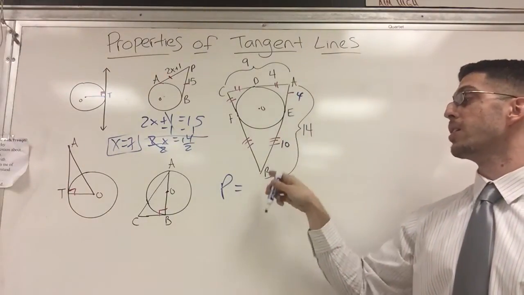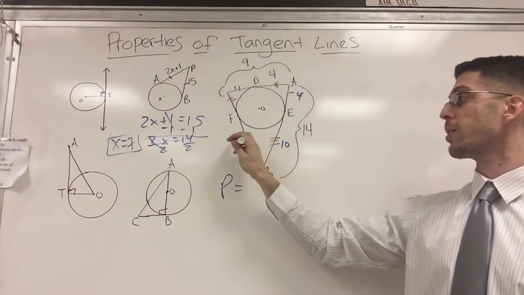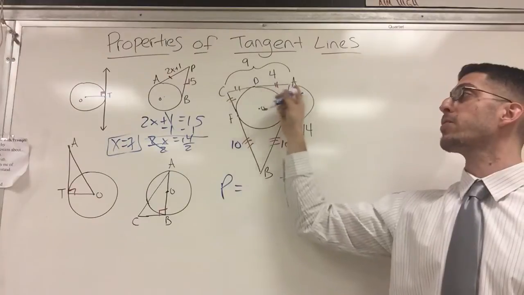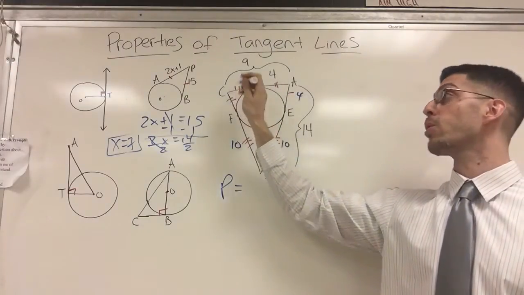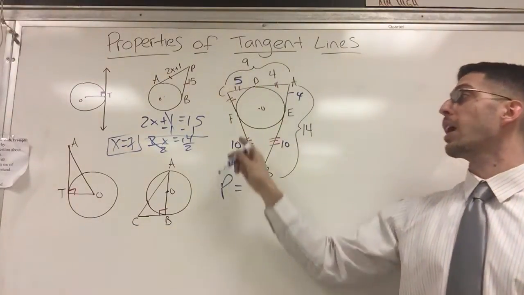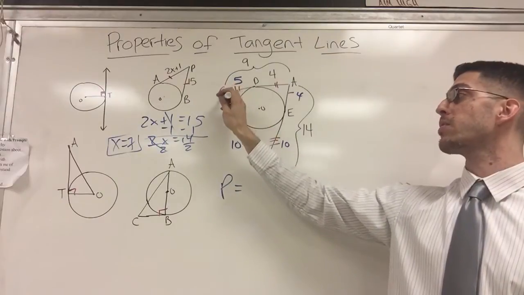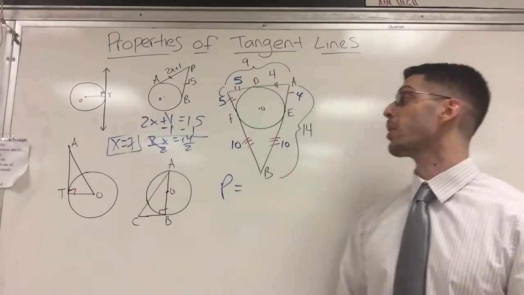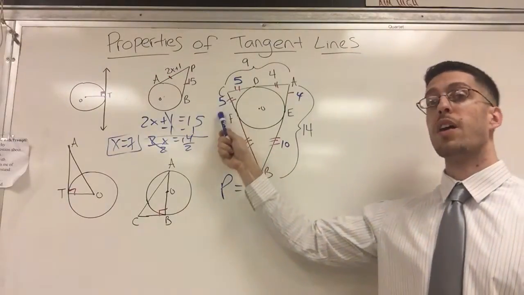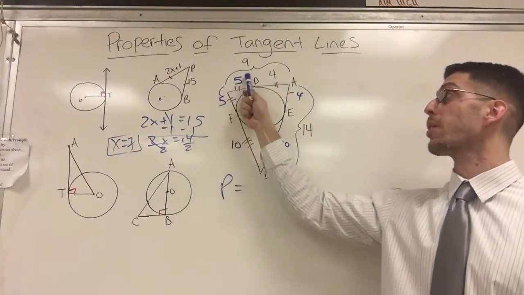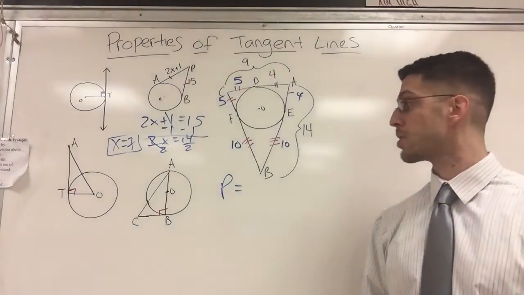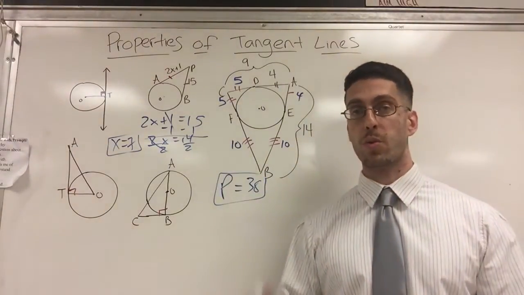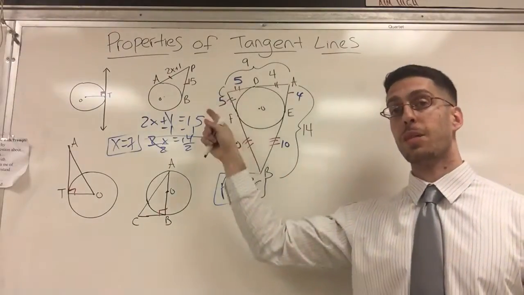That leaves me a 10 here, which leaves me a 10 here. Now, this whole thing is 9. That piece is 4, so that's got to be 9 minus 4. There's my 5. And if this is 5, this is 5. Then you just add up all the pieces and you get your perimeter. So that's 10 plus 10 plus 5 plus 5. 10, 20, 30 plus 8 is 38. And there's your perimeter. So it's a fun little puzzle piece once you remember that the tangent segments are congruent.